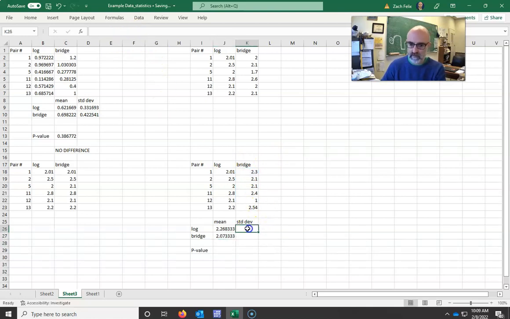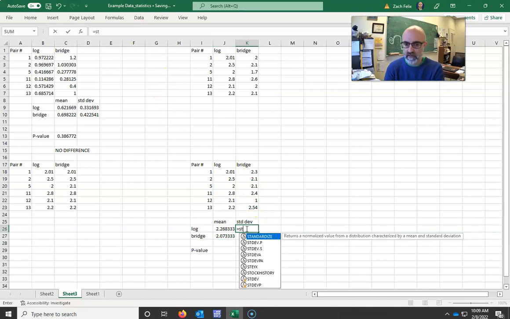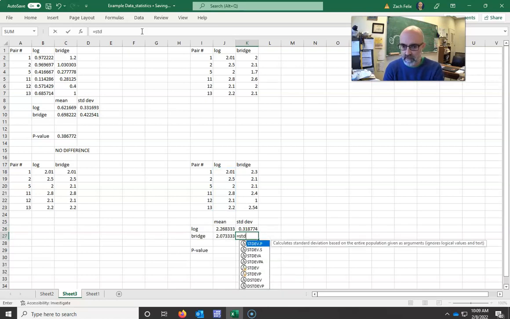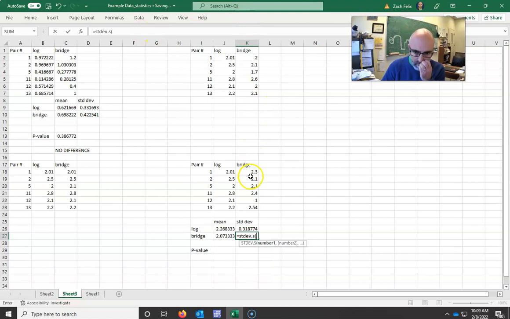Parentheses, standard deviation equals STDEV, s for log, and I think, no, we can't do that. Standard deviation s for bridges.